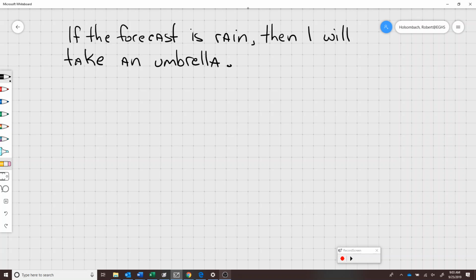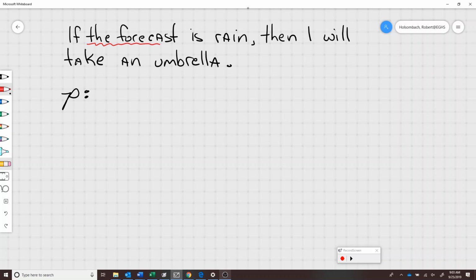You're asked to identify the hypothesis and conclusion of each conditional statement. So the hypothesis, we're going to say the P. The P is what follows the if. If the forecast is rain, so right here is your hypothesis. The forecast is rain. That is the hypothesis of the statement.